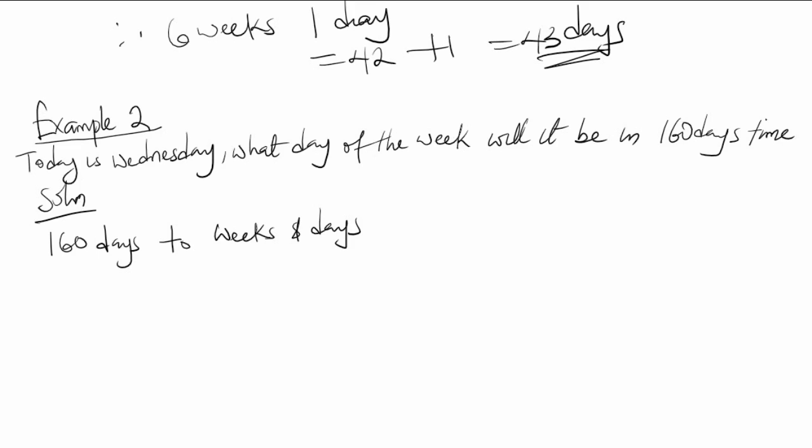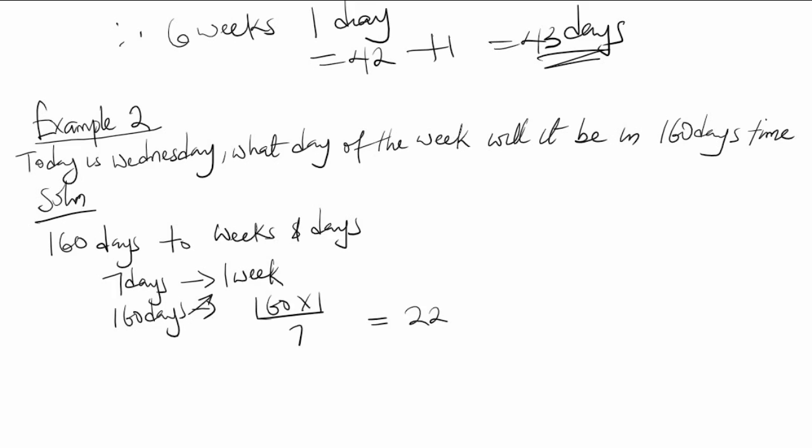To convert it to weeks, we say 7 days is 1 week. 160 days, cross multiply, will be 160 times 1 divided by 7, just like we always do it.